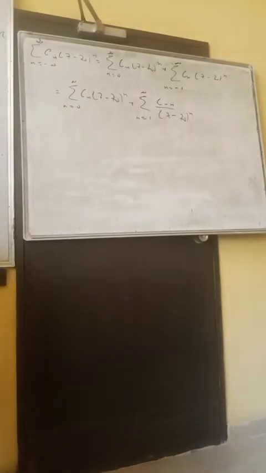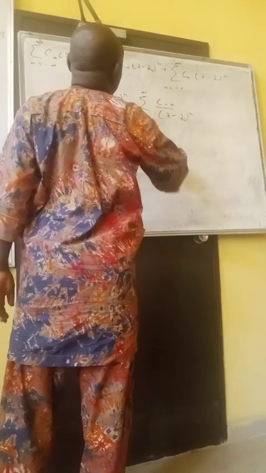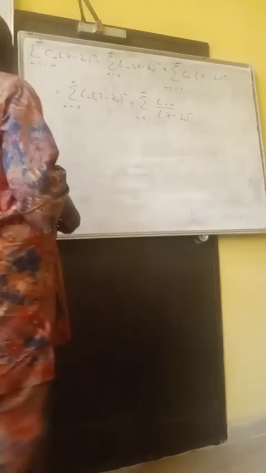You can still write it like that. And so if z naught is removable, the principal part is equal to 0.